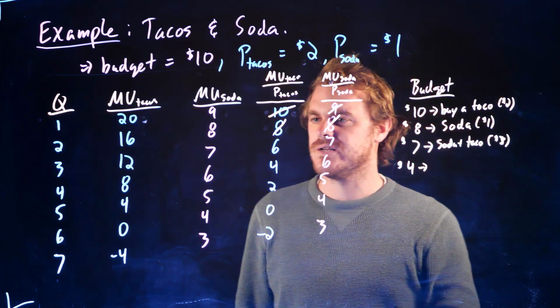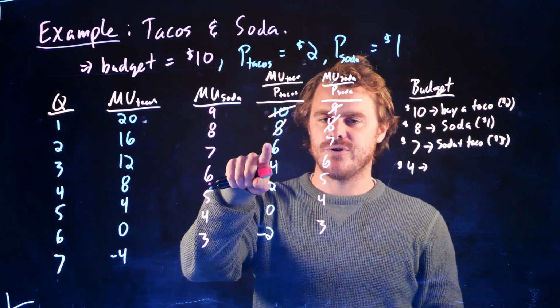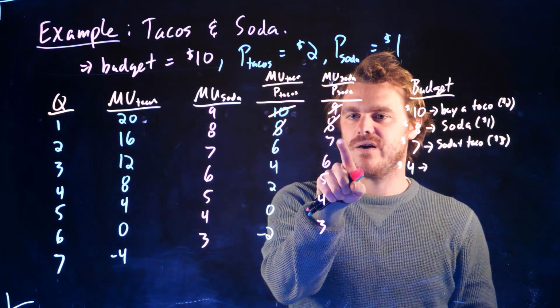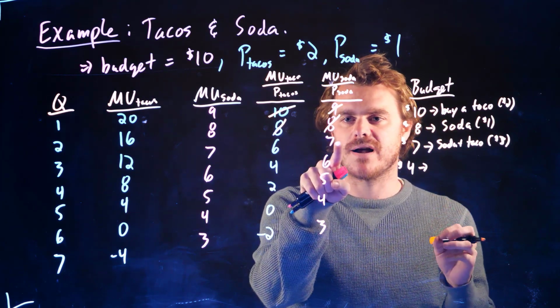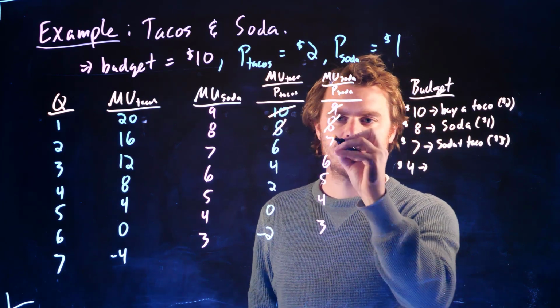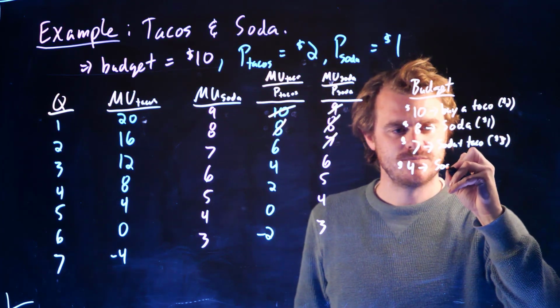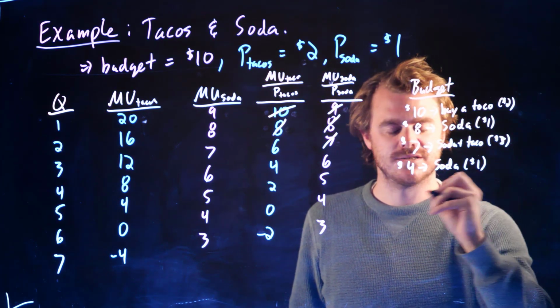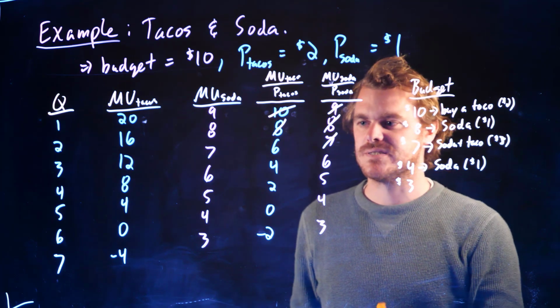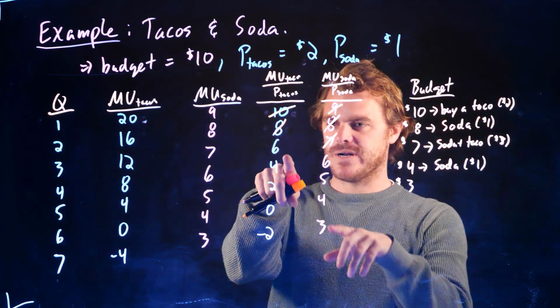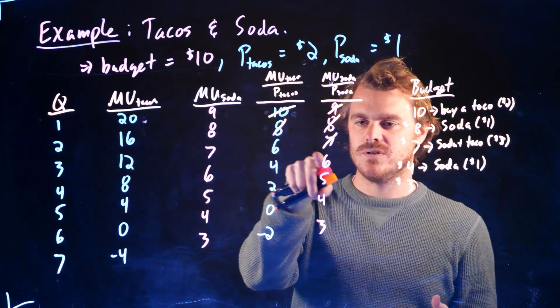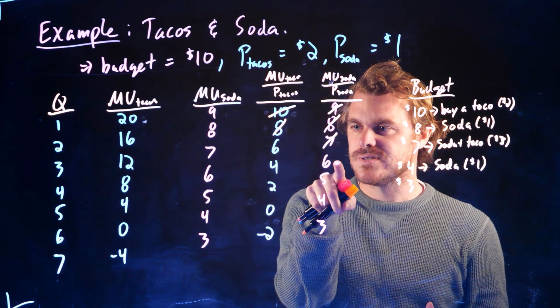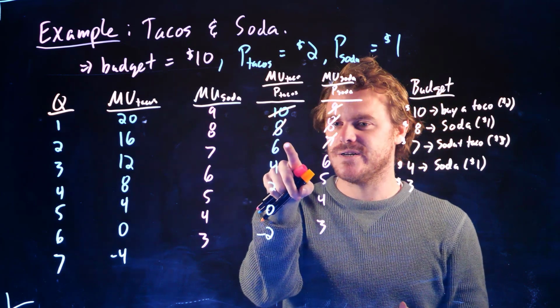So now we have $4. We can purchase our third taco or we can get a third soda. Well, the third soda is giving us a bigger bang for our buck than the third taco. So we're going to get a soda. That's going to cost us $1. We have $3 left. Now we're going to think, what are we going to do next? We have $3, we can buy a fourth soda or a third taco.